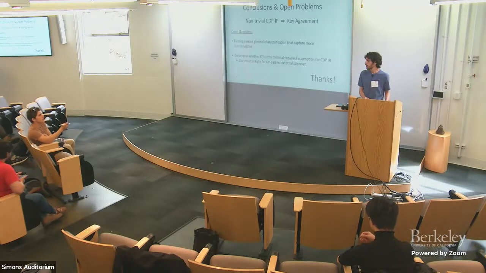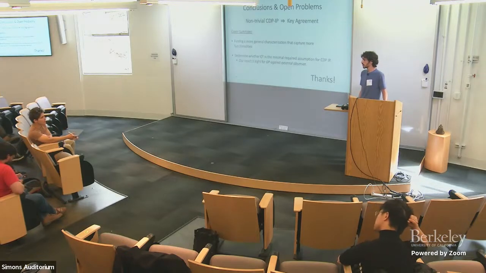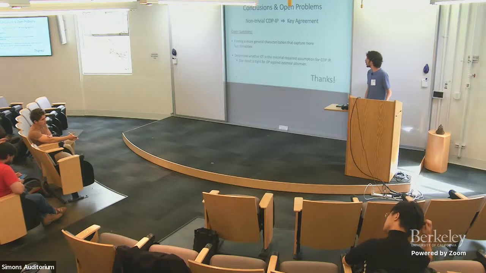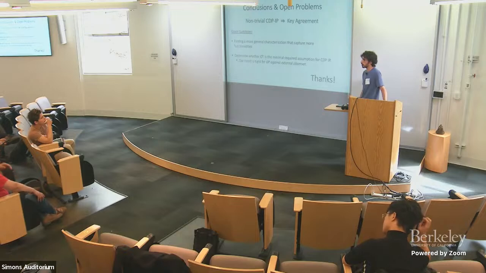We showed that even if you have key agreement, your protocol is not that good, it doesn't produce very good accuracy. So we only know how to construct such a protocol from OT. We don't know how to do it from key agreement. Okay, I see. The question is if OT is necessary.